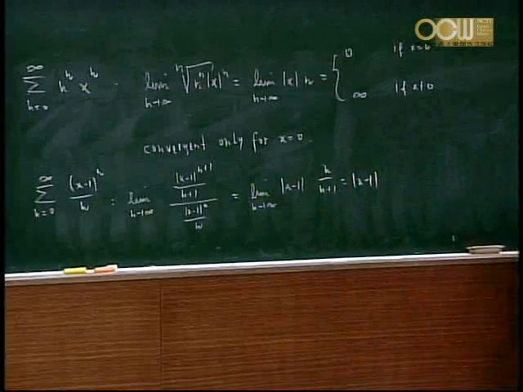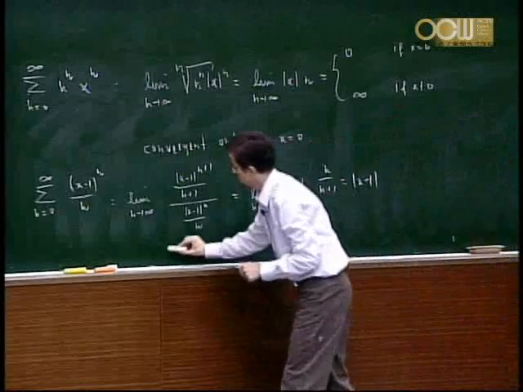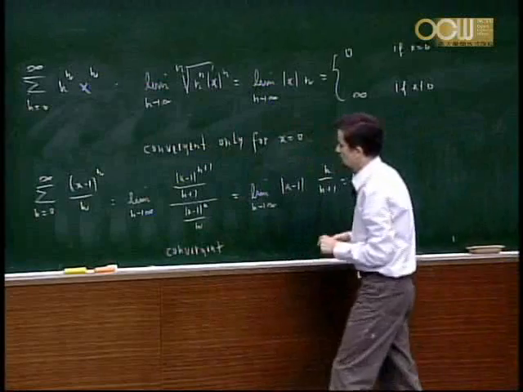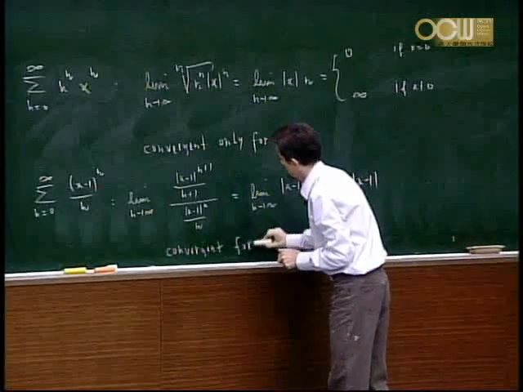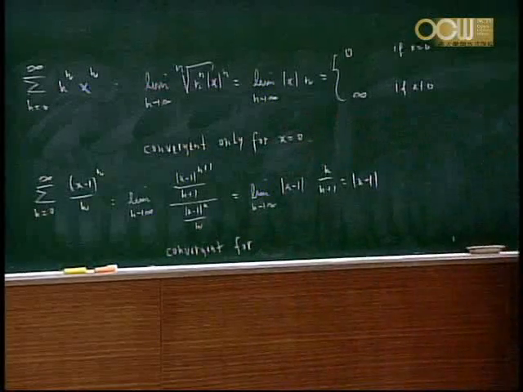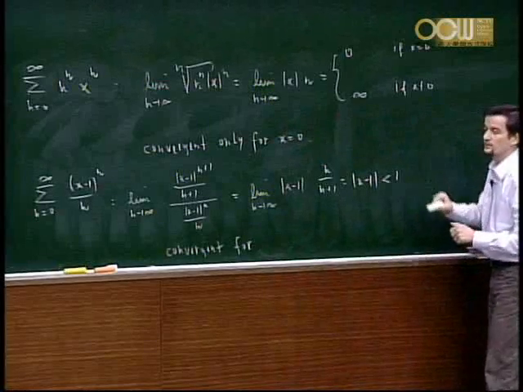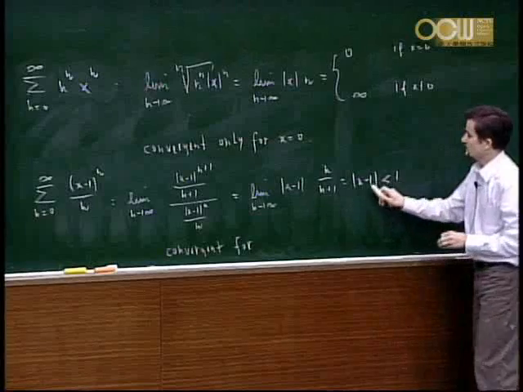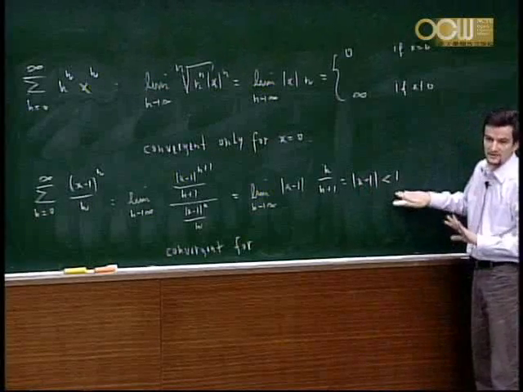So we see that from the ratio test we get convergence if this is smaller than 1, and we get divergence if this is larger than 1.